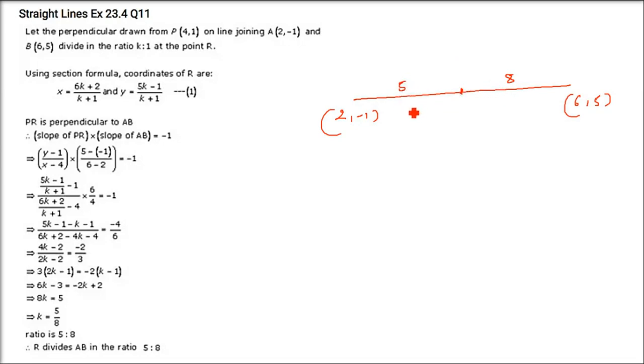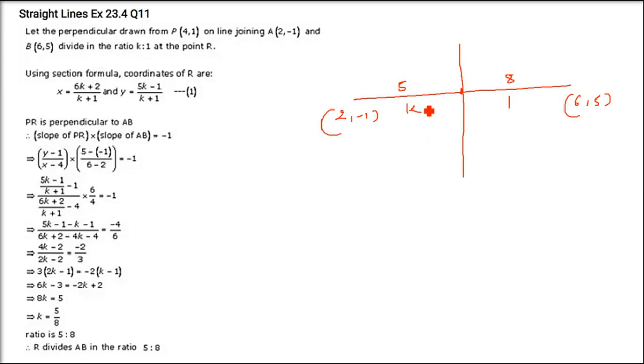Let us assume this line, having a perpendicular, is dividing this line in the ratio k:1. Assume it to be k:1, and we will prove it to be 5 and 8.